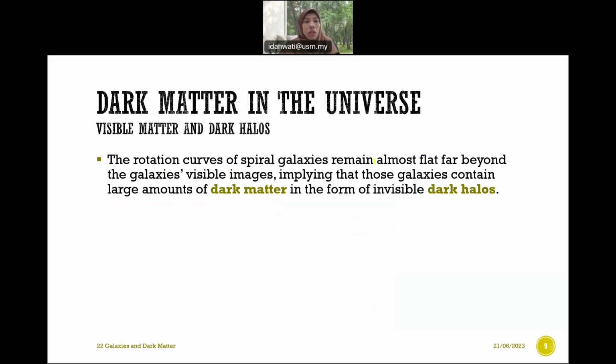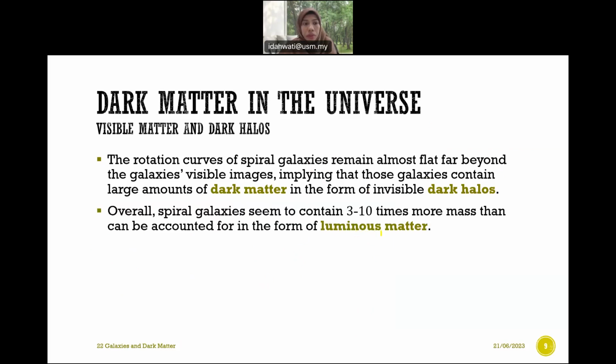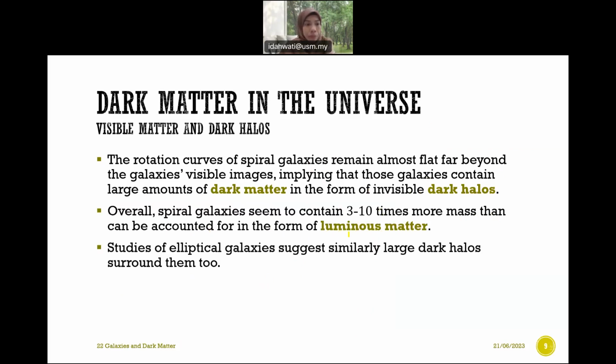Okay, so the rotation curve of a spiral galaxy remains almost flat far beyond the galaxy's visible image, and it contains a large amount of dark matter in the form of dark halos. Overall, spiral galaxies seem to contain 3 to 10 times more mass than can be accounted for by luminous matter.